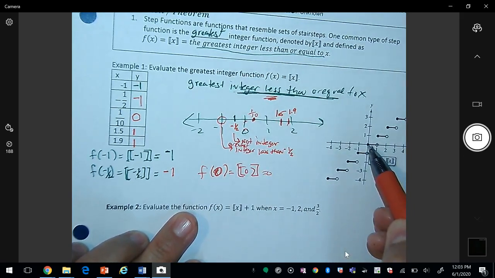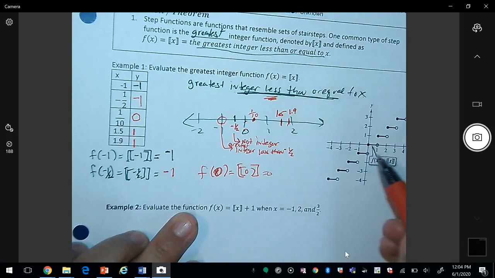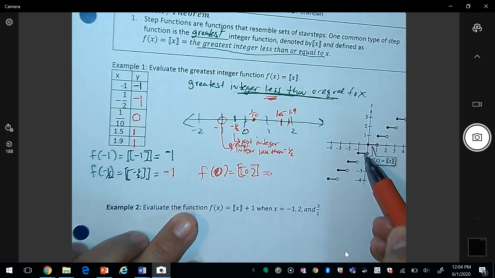So at 0, we get 0. So we put a closed dot, but notice here it has an open dot because there's so many numbers in here that are going to be close to 0, but not quite at 0. So for example, -0.1. Well, -0.1, the greatest integer less than that would be -1. That's why it would be here.